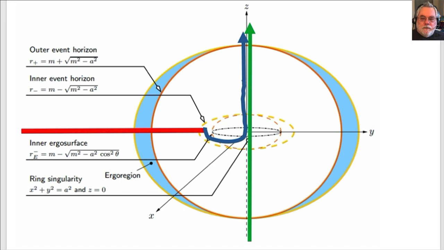Another way to pass through the center of the singularity ring would be to plunge along the rotation axis of the supermassive black hole, shown in green here. Both the blue and green paths require certain rocket thrusts inside the inner Cauchy event horizon that might be impractical.